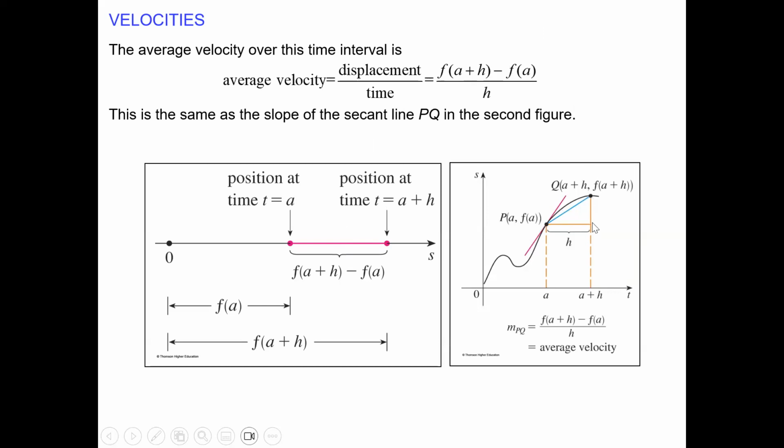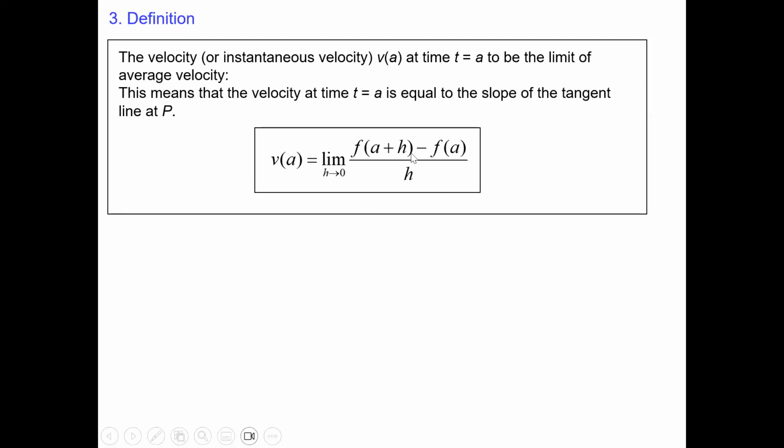When we say distance over the time, the time interval is h. This represents the average velocity, average rate of change of the distance with respect to time. But the instantaneous velocity, I can define as the slope of the tangent line.